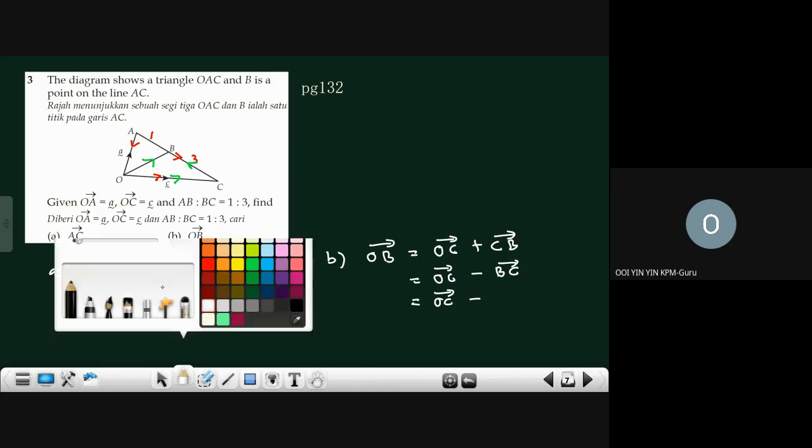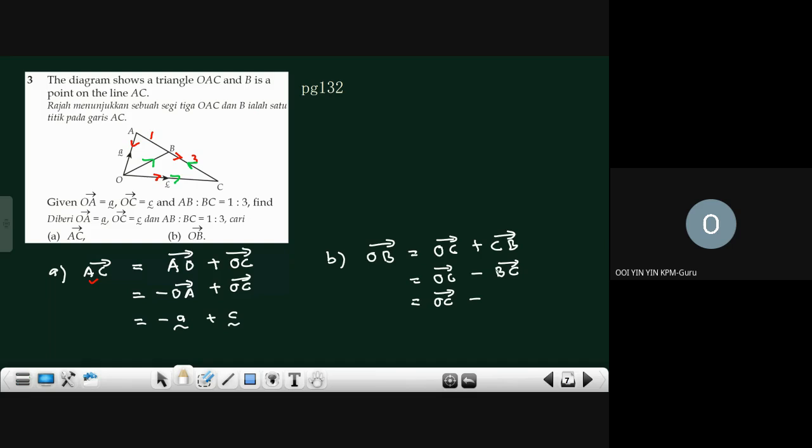So BC is 3 over 4 of your AC, in the different direction from your AC.